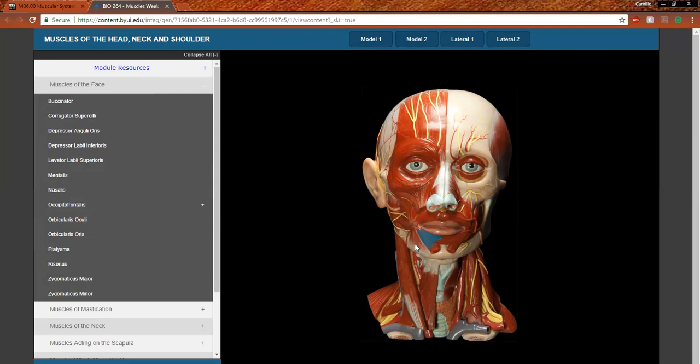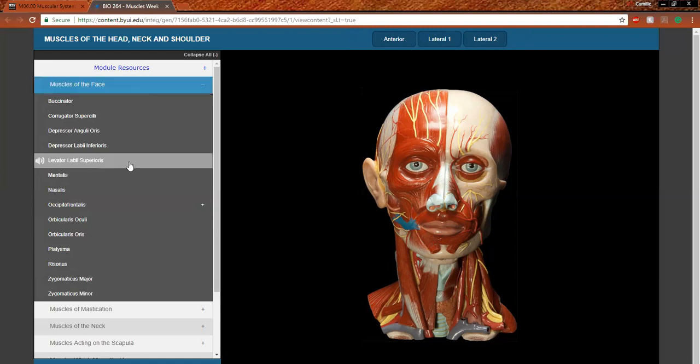So this right here that I'm pointing to was your depressor anguli oris, and the one that's blue is your depressor labii inferioris. And then we have this one called the risorius, and it goes from the corner of the mouth, but it just goes straight back. It also goes from the angle of the mouth.